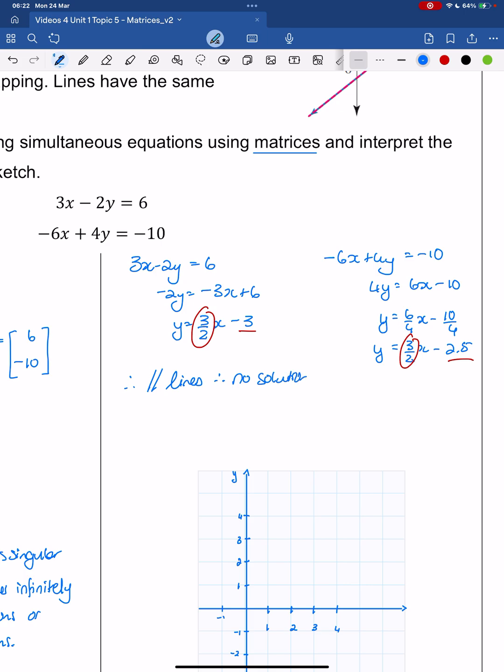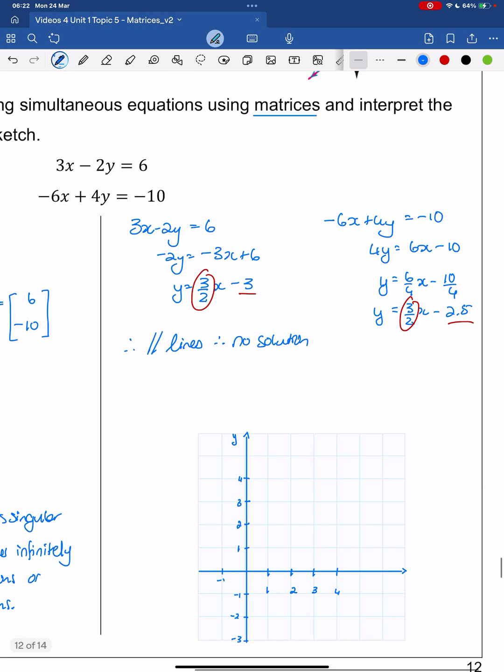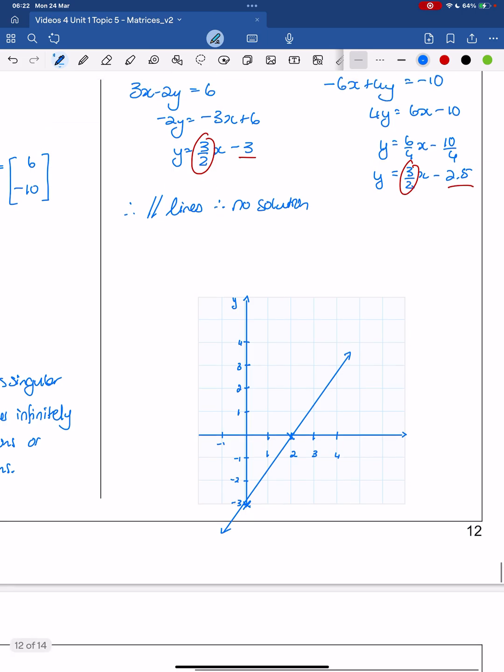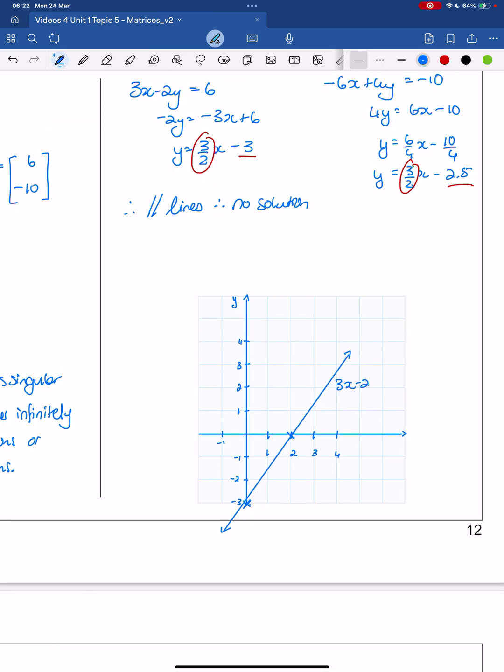They're two different lines. Okay, to sketch those, well, if I've got a y-intercept of -3 and a gradient of 3 on 2, 1, 2, 3, 1, 2, there's my other point, and there's my first line. So this one is my 3x minus 2y equals 6, and that one is at -2.5, 1, 2, 3, 1, 2.